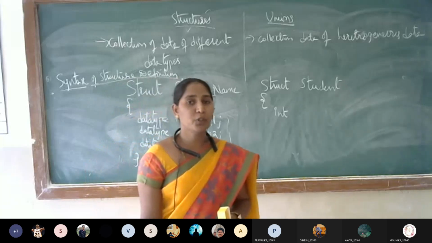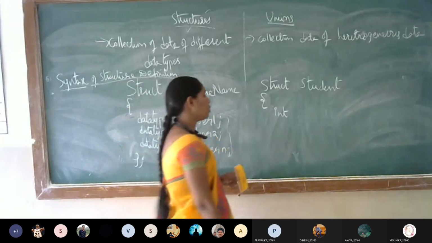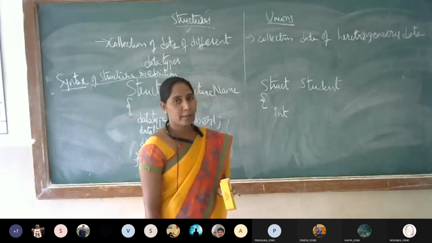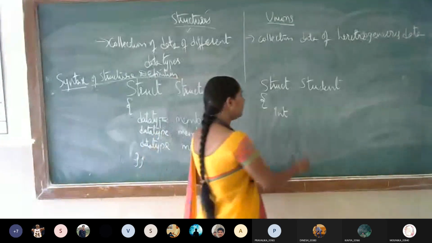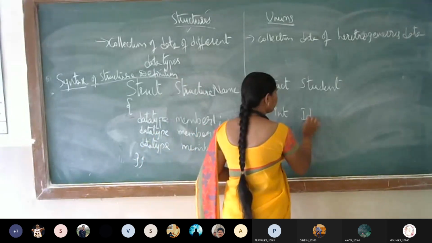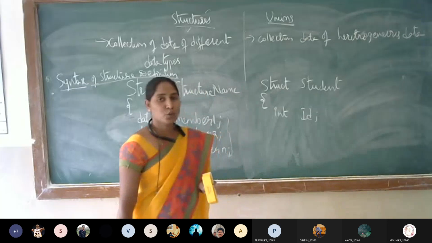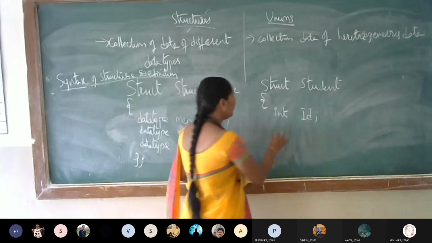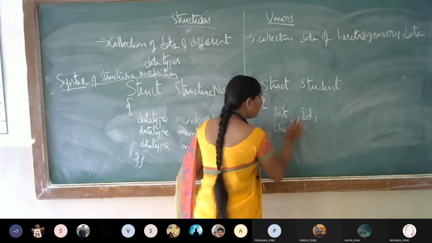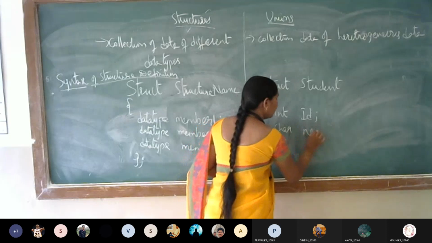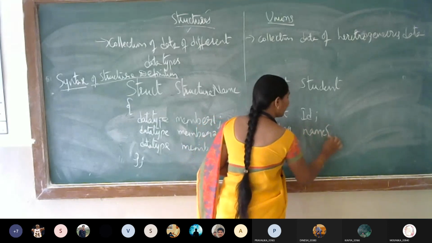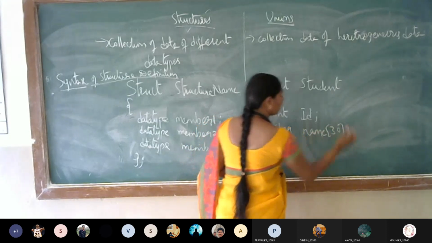If I'm talking about the student, it will consist of the student roll number, right? The roll number I'll be taking as ID, student ID. Next, we will be having name, so I'll be taking char name of size 30.